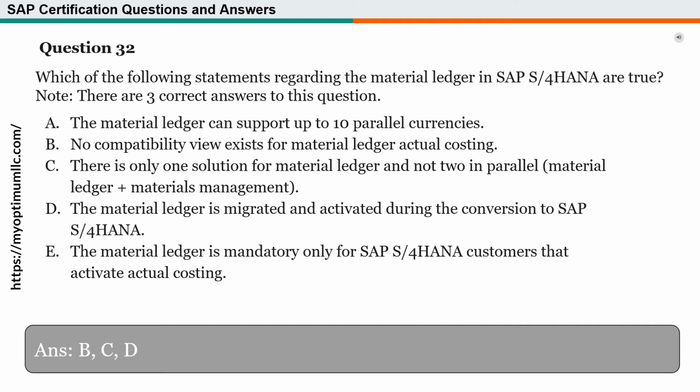C. There is only one solution for material ledger and not 2 in parallel, material ledger plus materials management. D. The material ledger is migrated and activated during the conversion to SAP S/4HANA. E. The material ledger is mandatory only for SAP S/4HANA customers that activate actual costing.